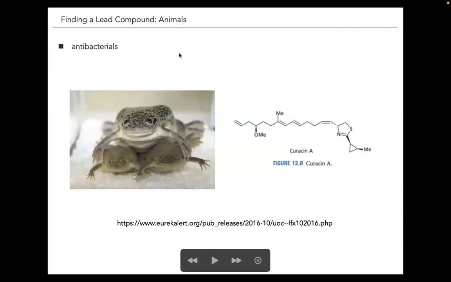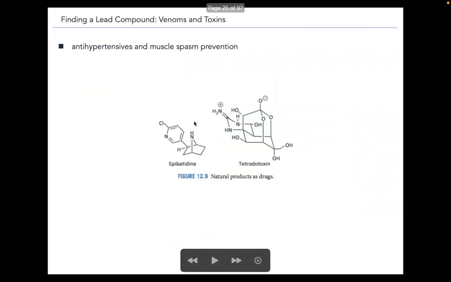Antibacterials from animals, like the frog here, are another really great source of drugs. From venoms and toxins, you can imagine you're going to get antihypertensives, which we talked a little bit about before, and muscle spasm prevention. Of course, making these in the lab sounds really exciting.